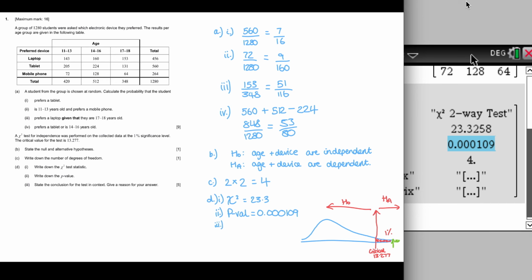So we are rejecting the null and accepting the alternative hypothesis, okay? You can either draw that diagram or you compare the values. You can compare that your critical value is significantly less than your chi-squared statistic, and you can compare that your p-value is less than the significance level. Either of those ways of showing the answer would be absolutely fine.